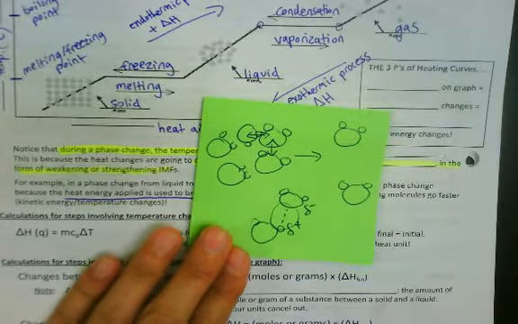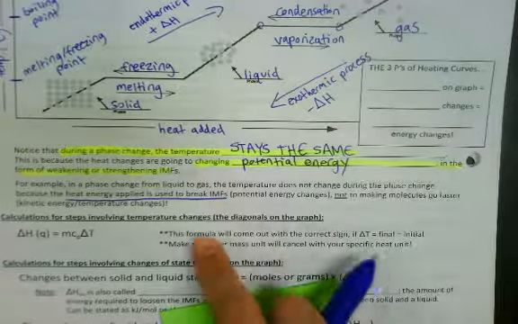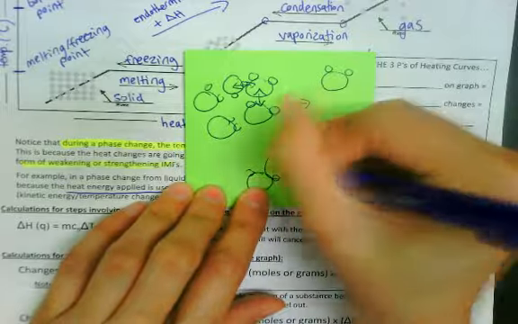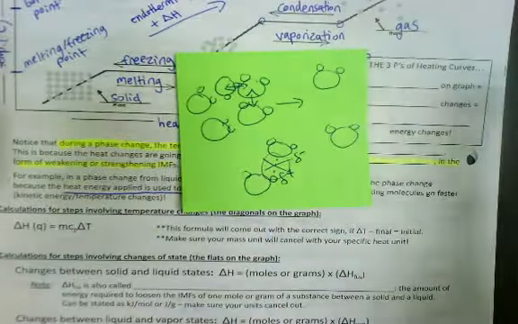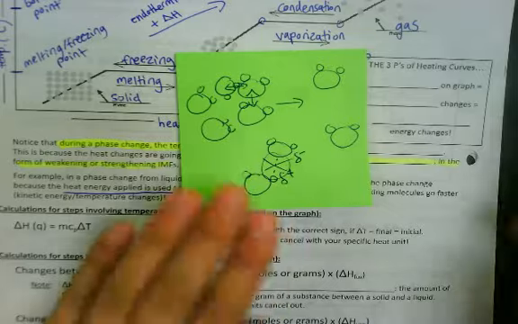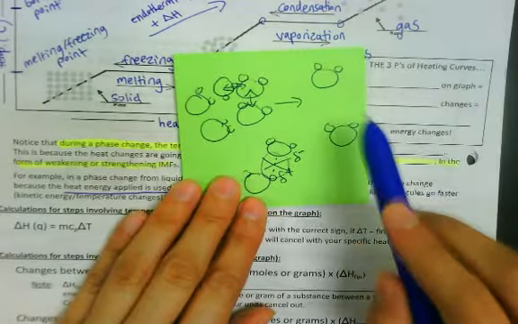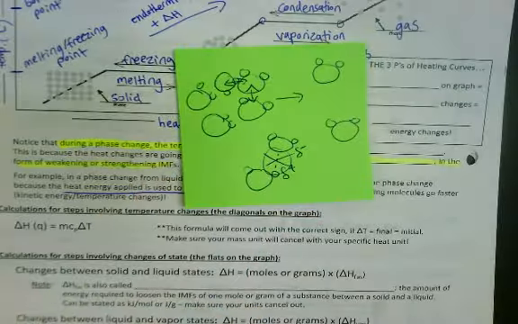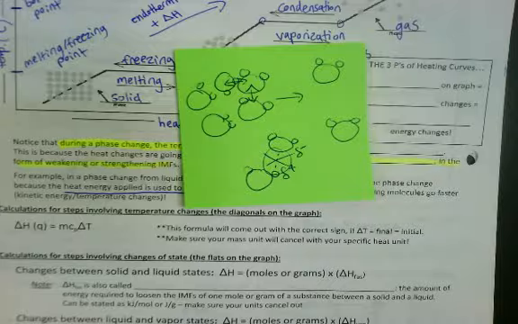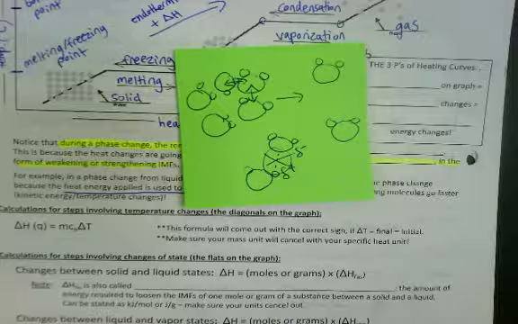And in order to break that IMF, we're going to have to put in some energy to push them apart. It's going to take energy to do that. And as we do that, we're not actually making the molecules go any faster. We're just causing them to be spread further apart in the case of a liquid to a gas.